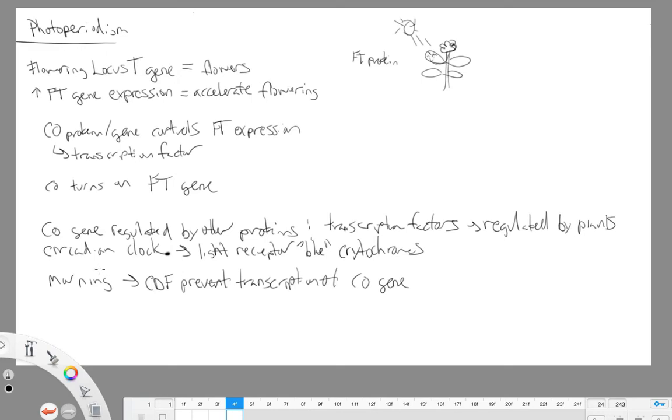Now, the expression of this CDF gene, so CDF genes, and there's multiple CDF genes, expression are regulated by additional transcription factors such as CCA1 and LHY. And this, again, is occurring in the morning, right? So in the morning, these genes are active.